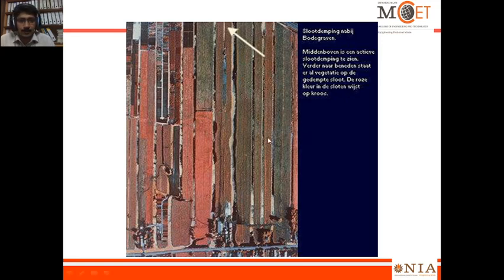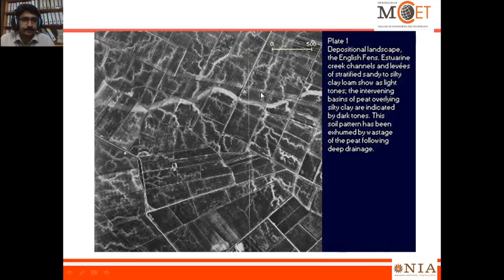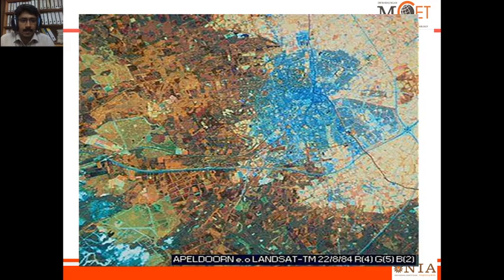See, this is a field of agriculture, how the variation of crops, you can see it. Depositional landscape, estuarine creek channels, how they move, how the tributaries, everything can be seen. This is a black and white panchromatic image. This is a Landsat image from 1984. It was taken for Appledore.